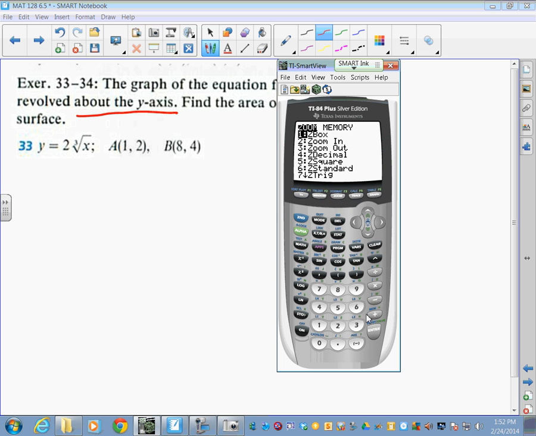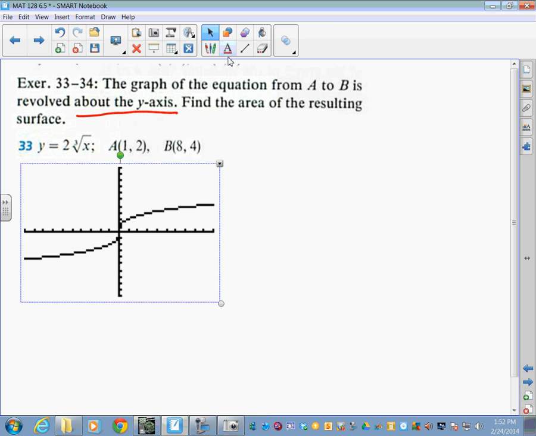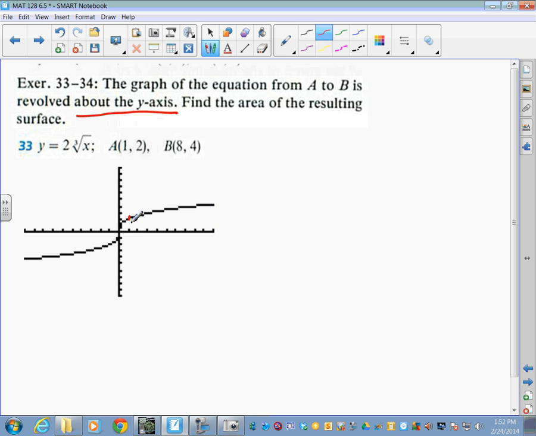What's in room 6? So I'm obviously not going to use the whole graph, just from A to B. However, I'm going around the y-axis, so to choose my integral, I have a definite dy.